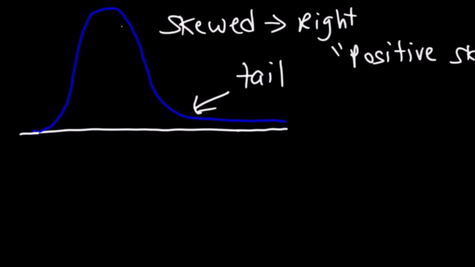We actually want to find out where the median is. The median is here. And the mean is to the right of the median. If we compare, the mean is higher than the median.